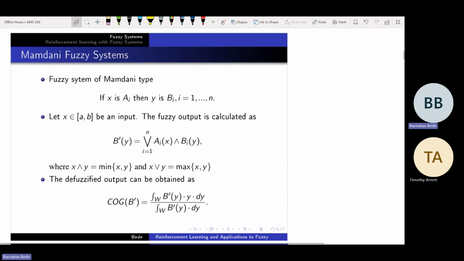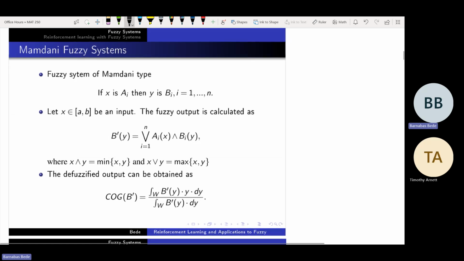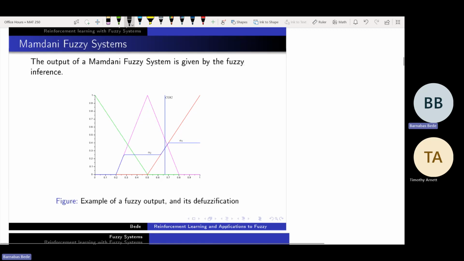The calculation of the Mamdani output, so this is the Mamdani fuzzy system, is based on the input firing levels of each rule, its intersection with the corresponding outputs, and taking the center of gravity of the output.